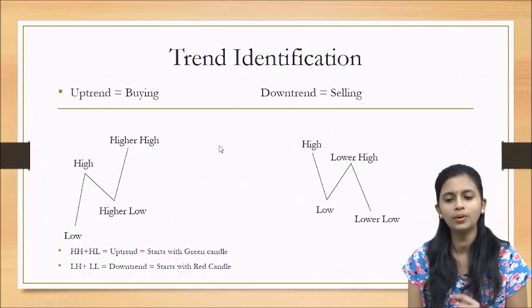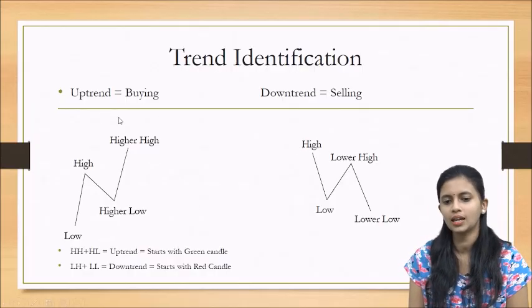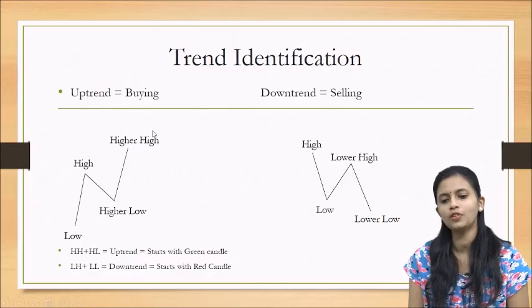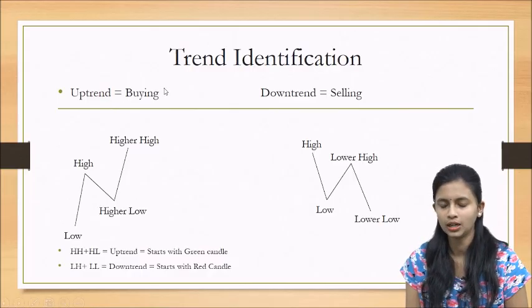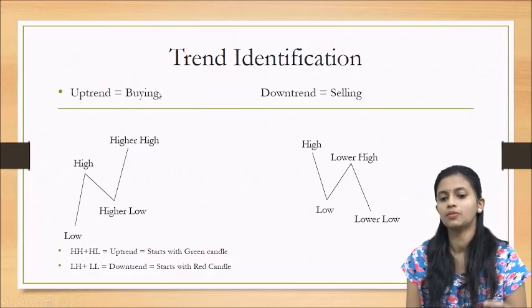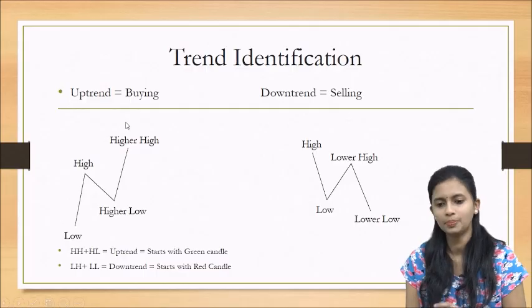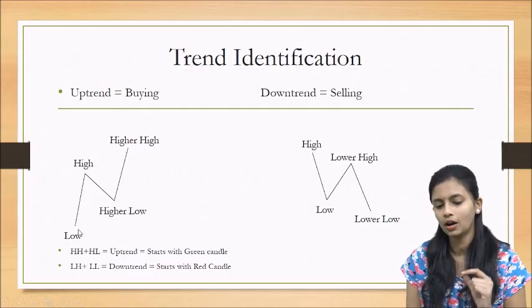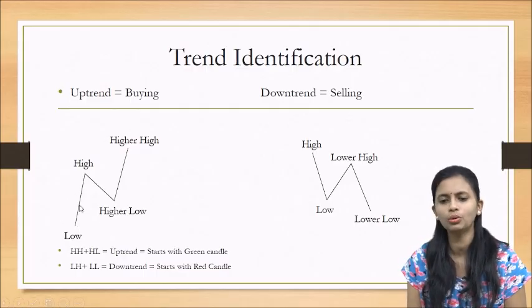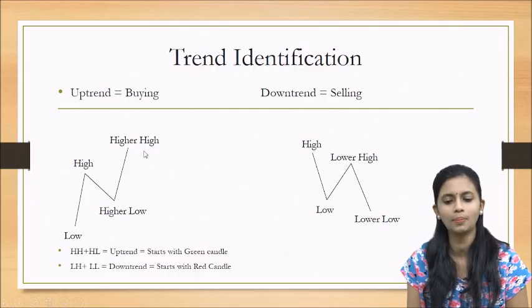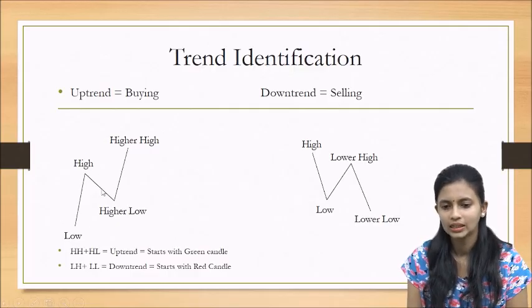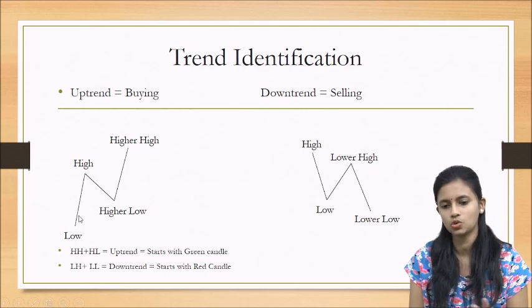So how will you identify the trend? First thing is uptrend. If you are looking for a buying opportunity, then you have to check whether the stock is doing uptrend. So when can you confirm that the stock is making uptrend? When you get this type of pattern, then you can say that that stock is doing uptrend.